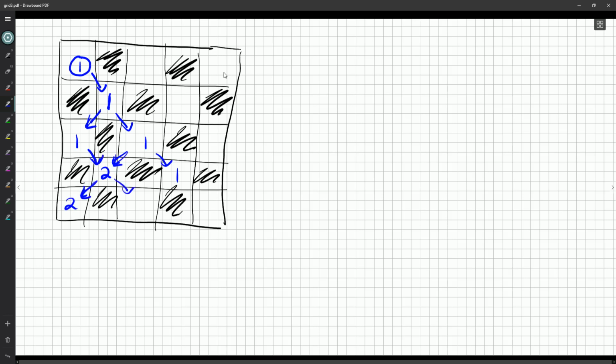But there's three ways to get to this middle square. Two ways coming from over here, one way from over here, so that's a total of three different paths, and you could write them out if you wanted to. And then there's one way to get down here, so that's a total of 6. So we're going to add on another 6 for coming from the top right.